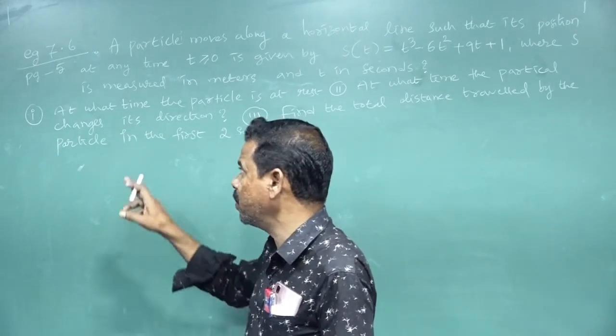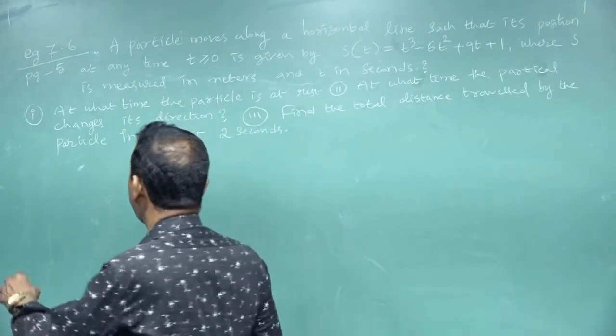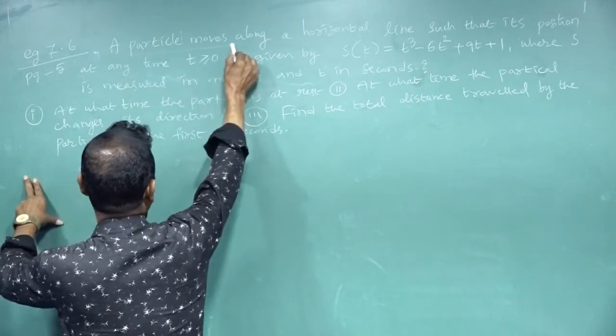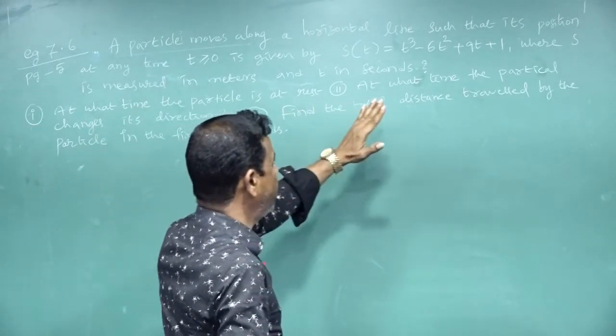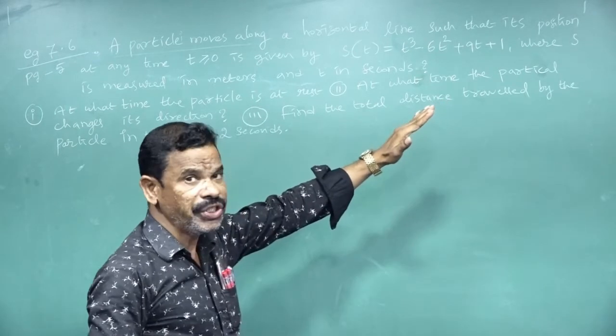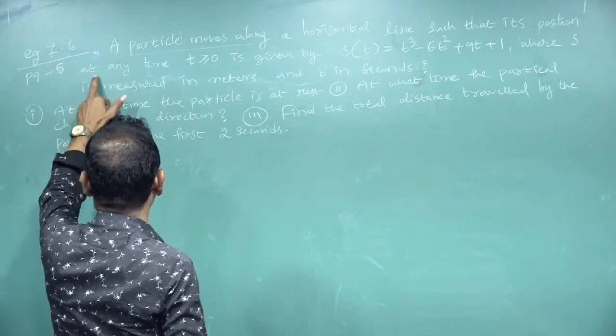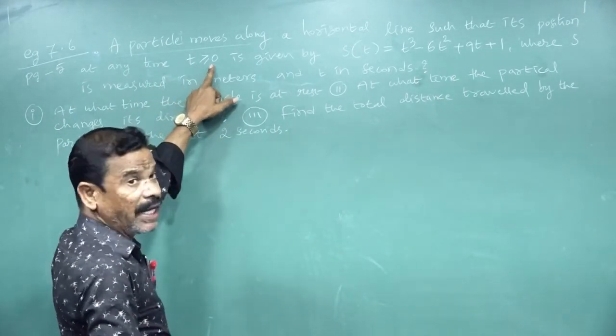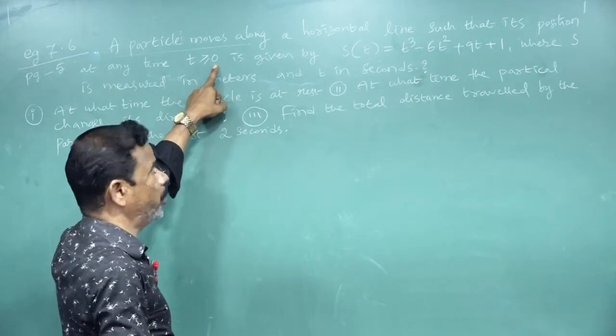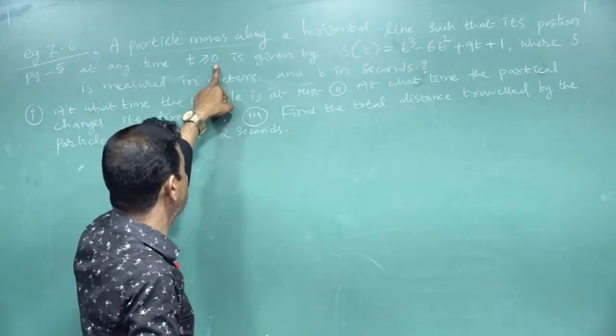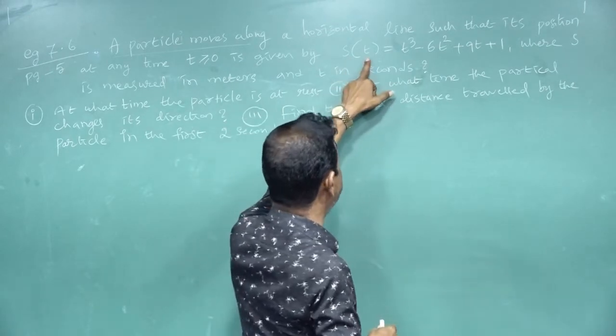7.6 example, page number 5. A particle moves along a horizontal line such that its position at any time t greater than or equal to 0, t 0 and above 0, is given by function s of t.